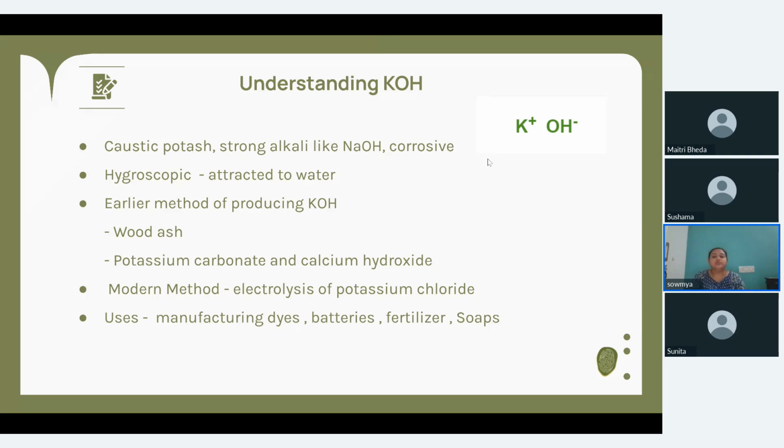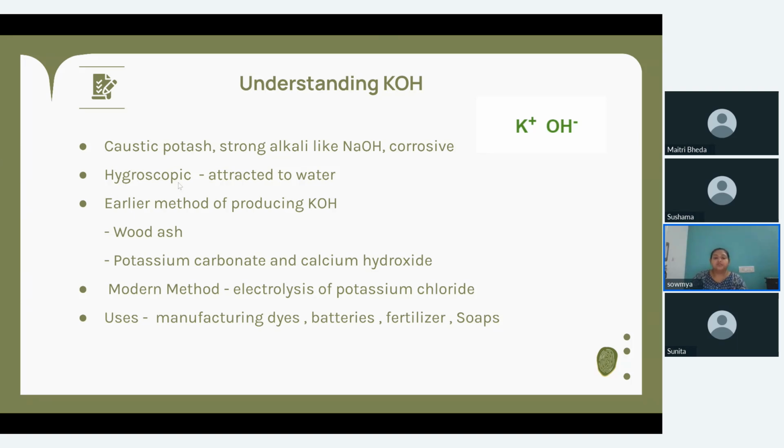When a drop of potassium hydroxide lye solution touches your skin, it is immediately going to give you burns, similar to sodium hydroxide. So you need to handle it very carefully, just like sodium hydroxide.